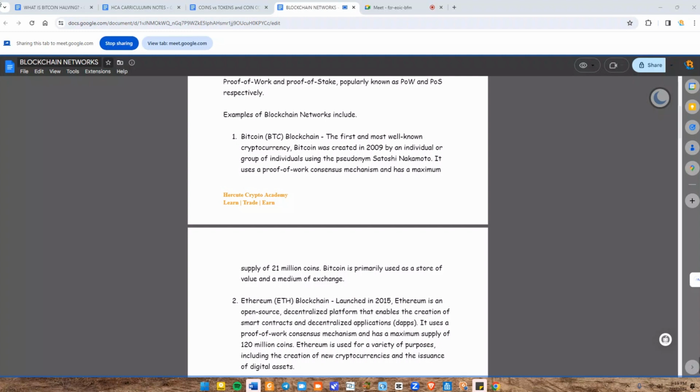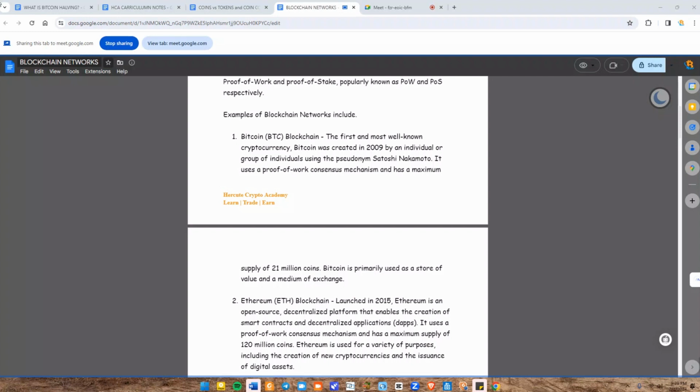Remember, we talked about mining, but I have an extensive topic on mining, okay? Proof of work is essentially the use of these machines to verify these crypto transactions. That is proof of work.